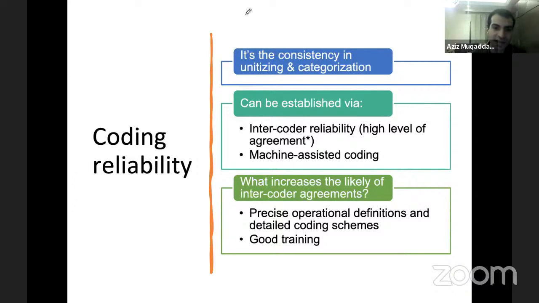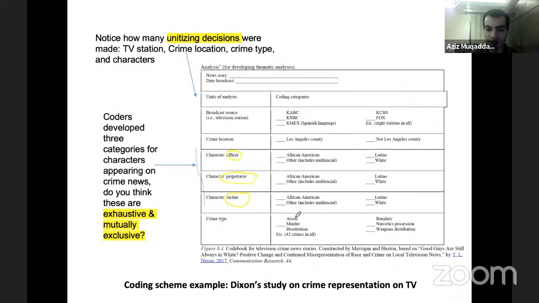And what increases the likelihood of intercoder reliability is that you have a precise operational definition for your coding scheme, right? So if you are looking at crime type, you should define what arson is. You define what burglary is. You define what prostitution is explicitly. That's the key word, explicitly.